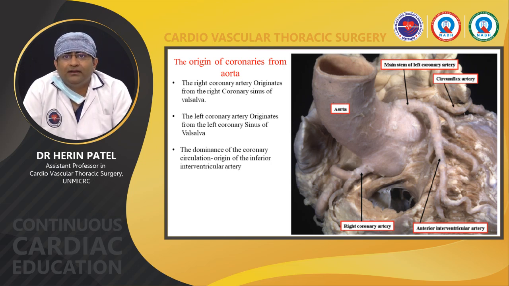The left coronary artery arises as the main stem, and after going anteriorly and inferiorly, it divides into the left anterior descending and the circumflex artery. The right coronary artery descends anteriorly and inferiorly into the right atrioventricular groove.